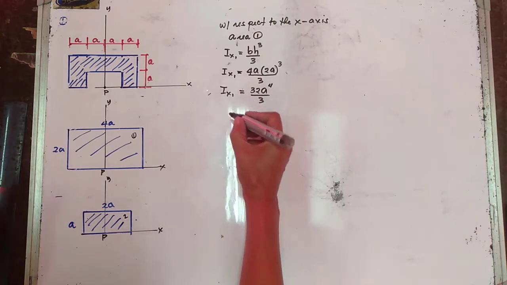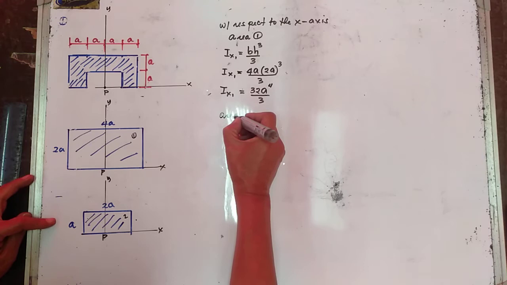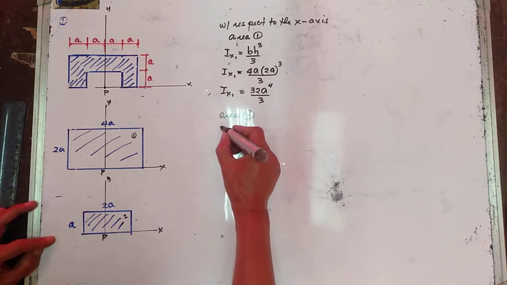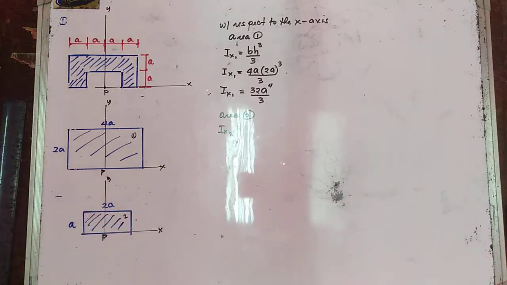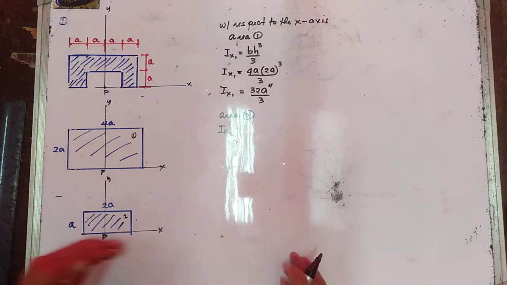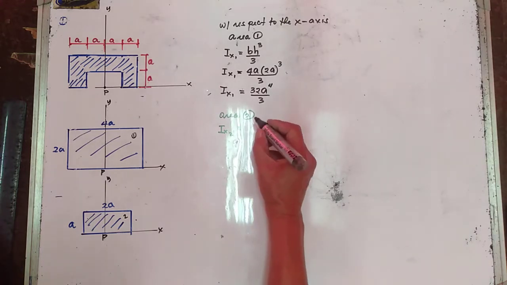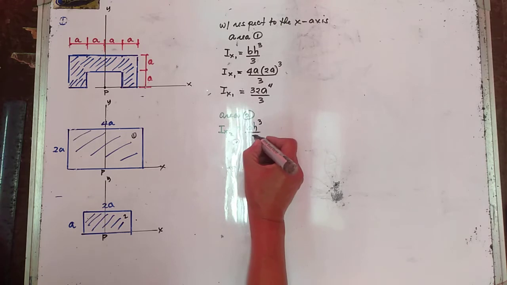Then we have your Ix2 for the second area. Again, the x-axis coincides with the base of this area. Hence, again, this is BH cubed all over 3.